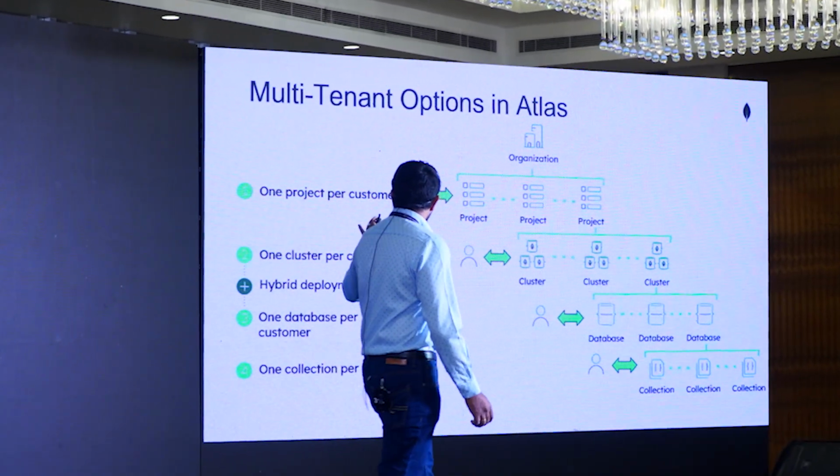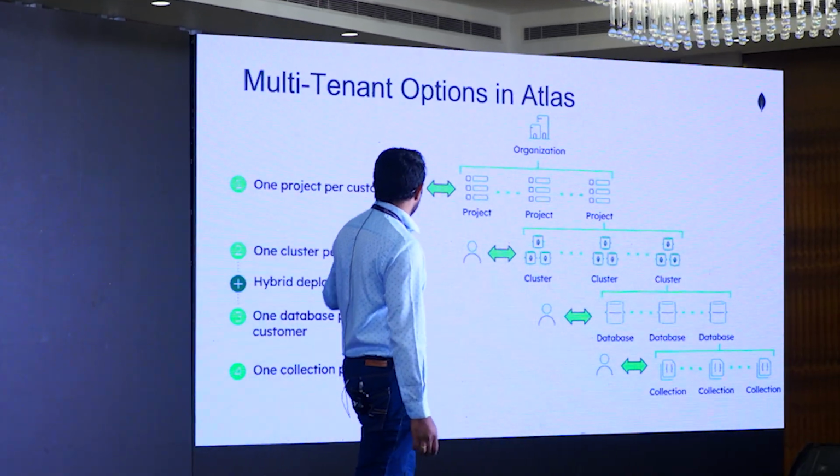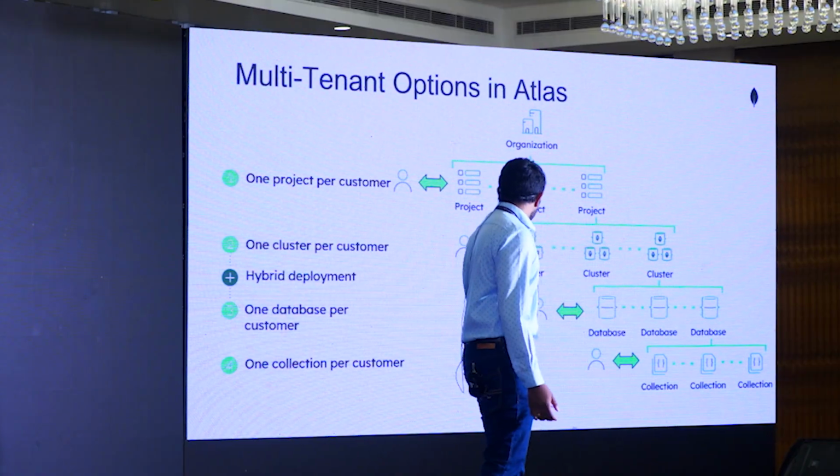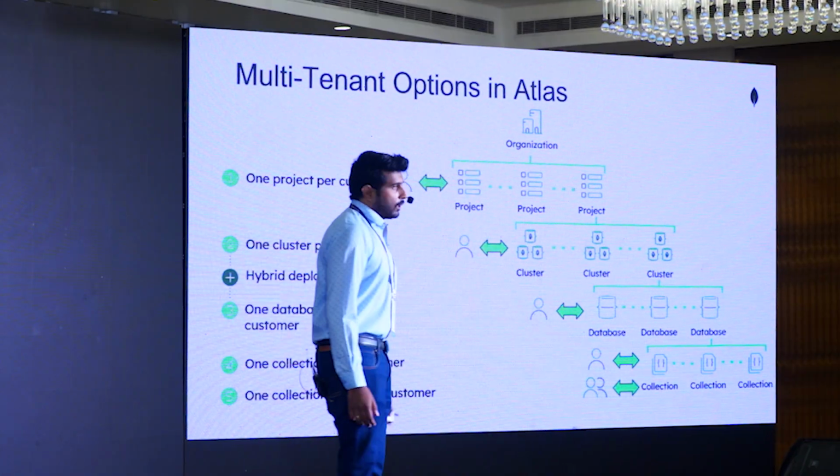So these are the different options that we discussed: one project per customer, that's for Atlas; one cluster per customer, a hybrid deployment; one database per customer; and one collection for all customers.